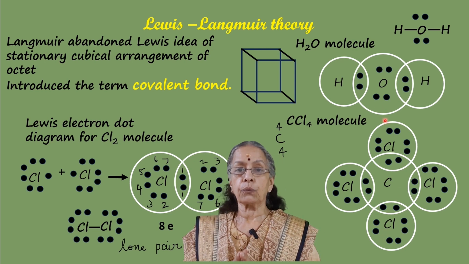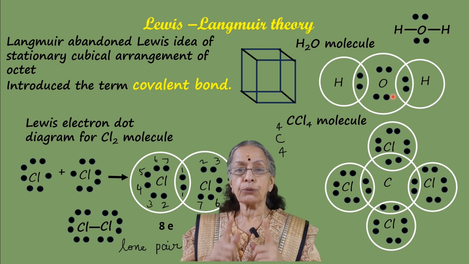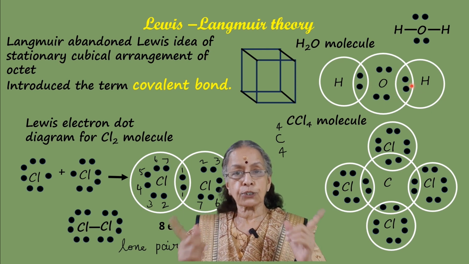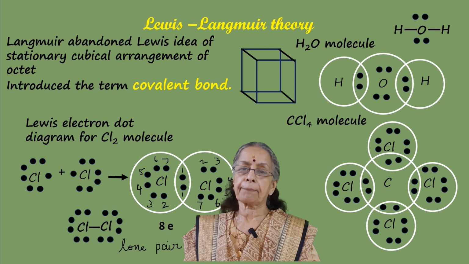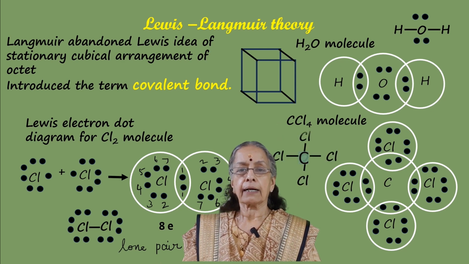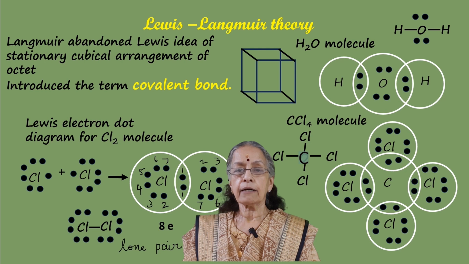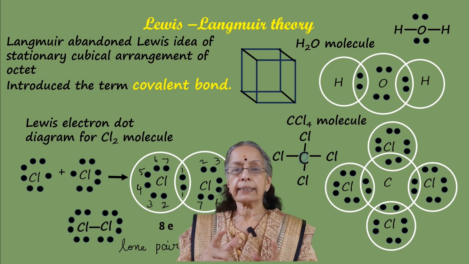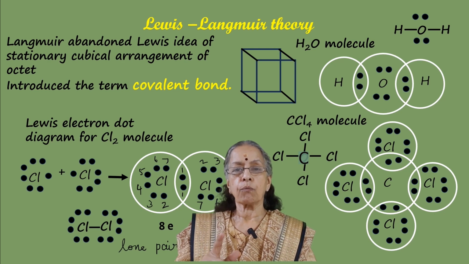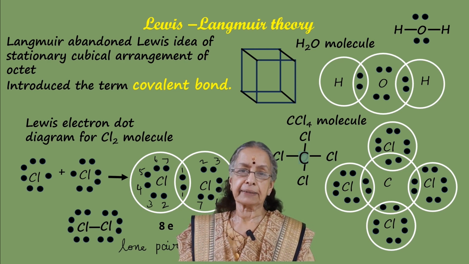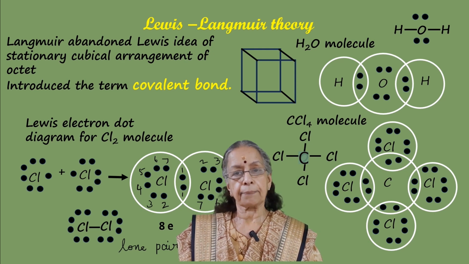In water molecule, oxygen forms 2 single bonds with 2 separate hydrogen atoms. Now, how do we represent carbon tetrachloride? Carbon in the center, then 4 bonds on 4 sides, each bond with 1 chlorine atom. Each of the bonds is paired with 1 chlorine atom. This is how it is represented.